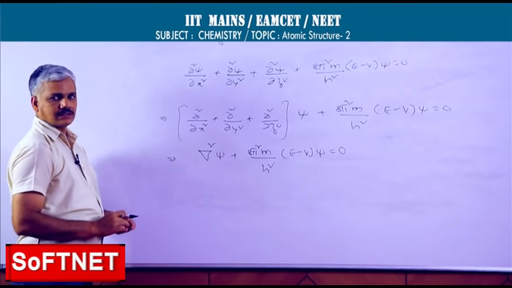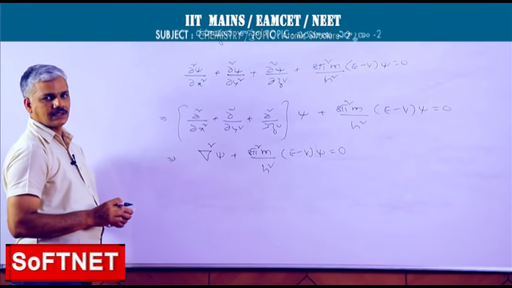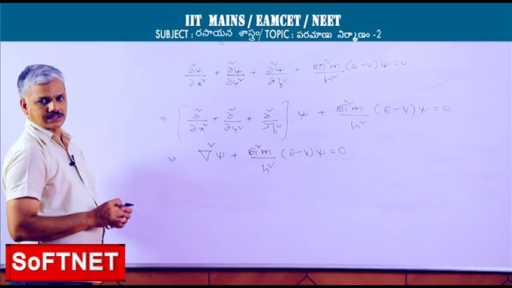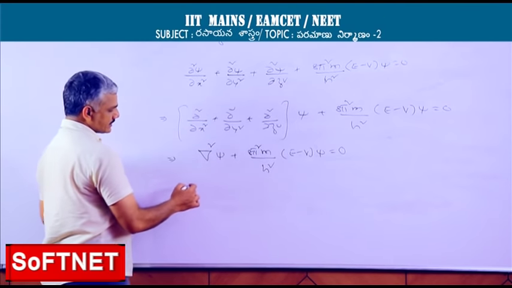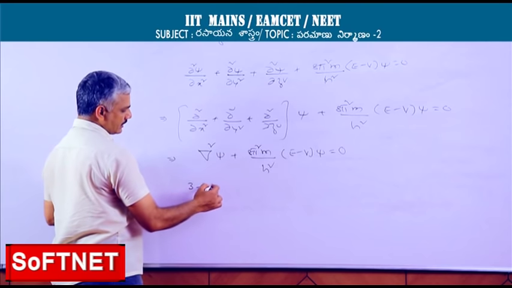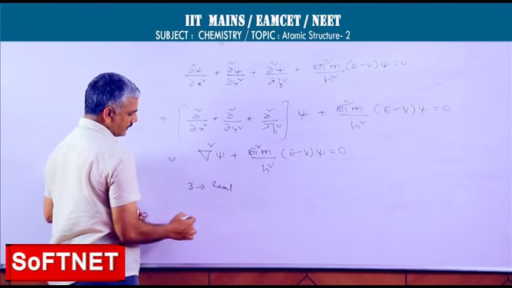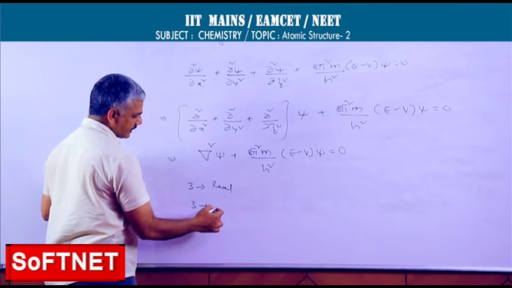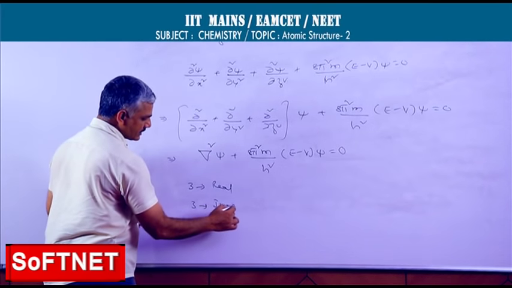When this equation is solved, you will get a total of 6 solutions. Out of 6, 3 solutions are real in nature and the remaining 3 solutions are imaginary in nature.